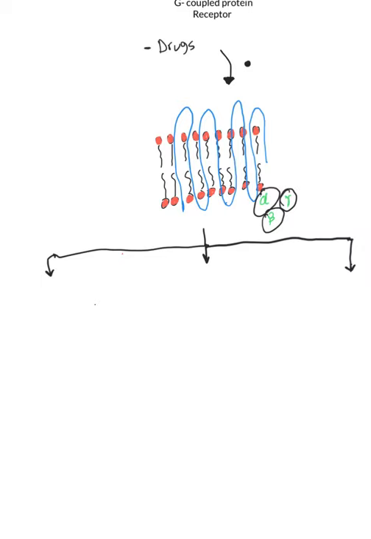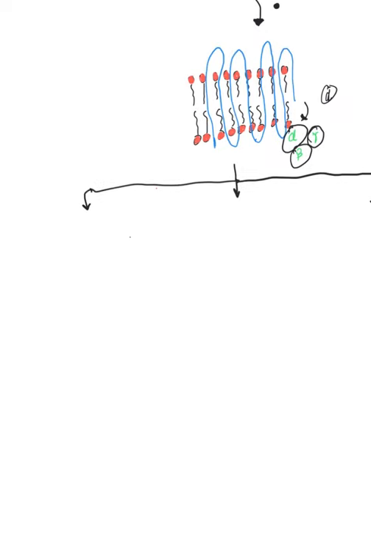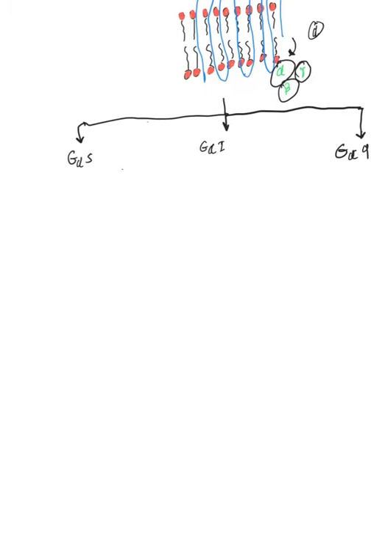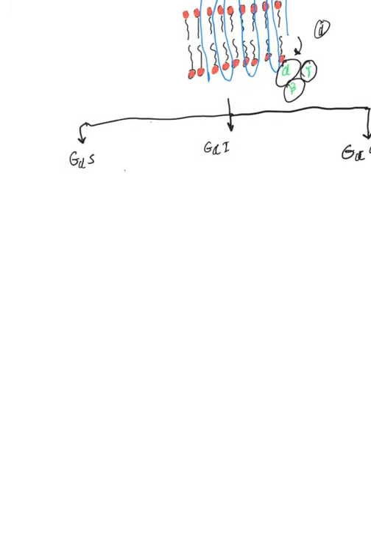In this video we're gonna talk only about the alpha subunit because it has 3 different pathways. For the alpha subunit, we have G alpha S, G alpha I, and lastly G alpha Q. Each one of these follows a different pathway.